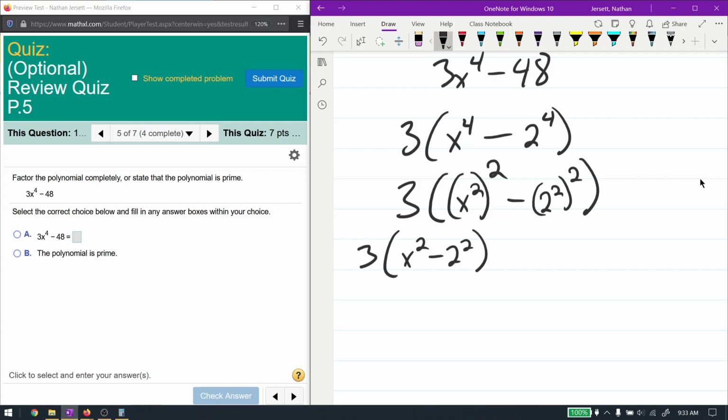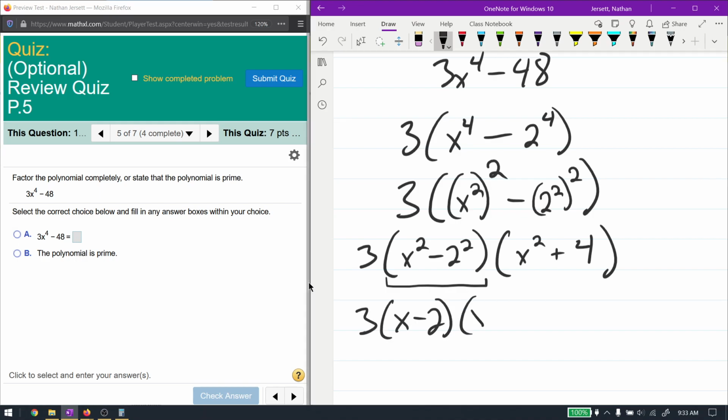We're just looking at these portions in parentheses. Then times the first thing plus the second thing. Now you'll notice that we have, once again, a difference of two squares and a sum of two squares. The sum of two squares will not factor at all, so I'm going to rewrite this as just 4, just to kind of make it nicer to work with or to see. However, this one, I can factor even further. I can factor it into x minus 2, x plus 2, and then we have x squared plus 4.